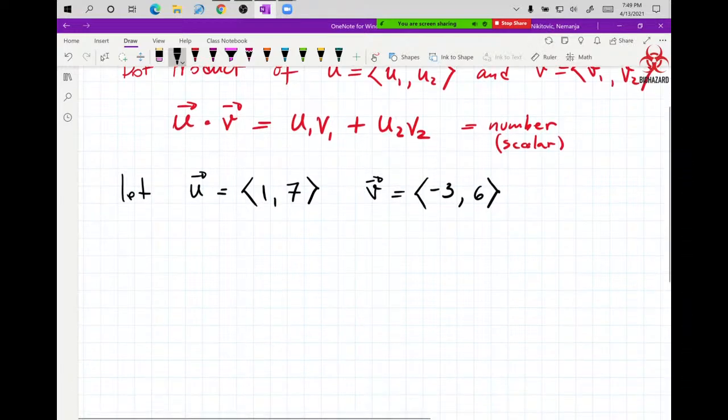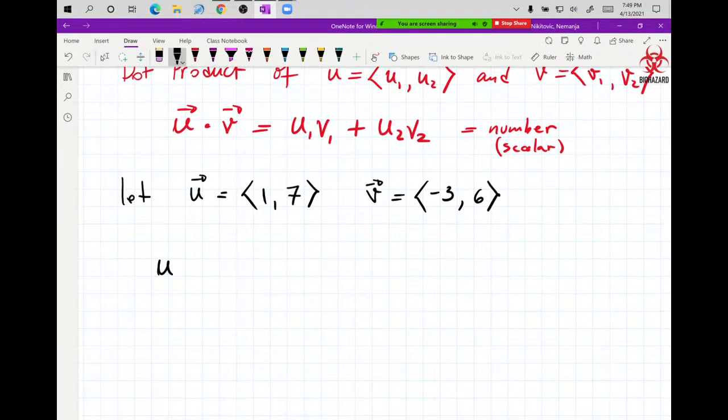Doesn't matter. So u dot v, those are vectors, is going to be 1, 7 dotted with negative 3, 6. We don't say multiplied, we say the dot product. So is it a multiplication? Yes, it is a form of multiplication.